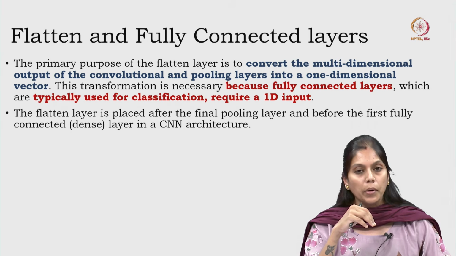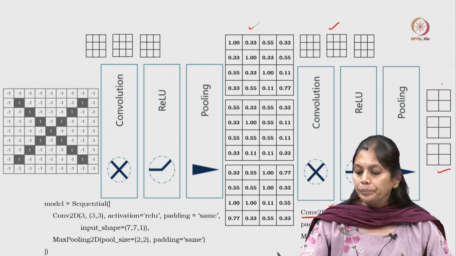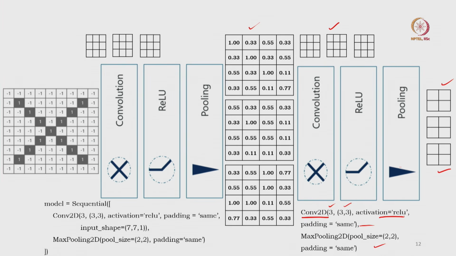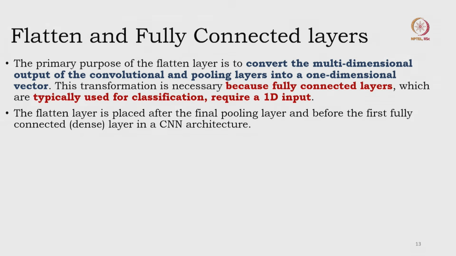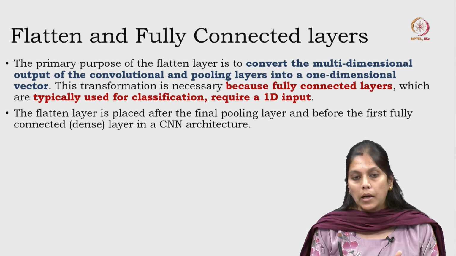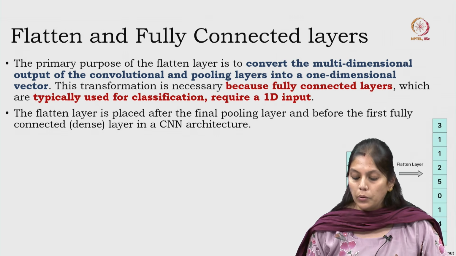Whatever is the output that we have obtained after a pooling layer, whether you do 1 pooling, 2 poolings, multiple poolings, the output of the pooling layer will be in the form of a matrix. That matrix should now be converted into a single vector. How do you convert it into a single vector?